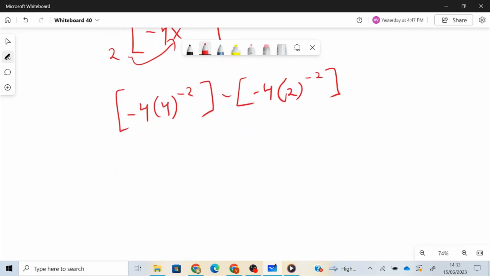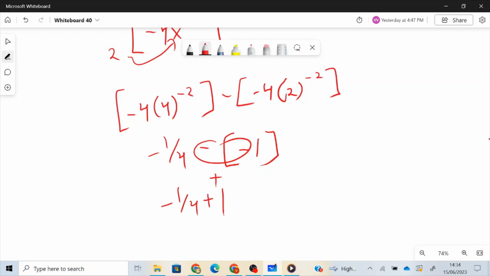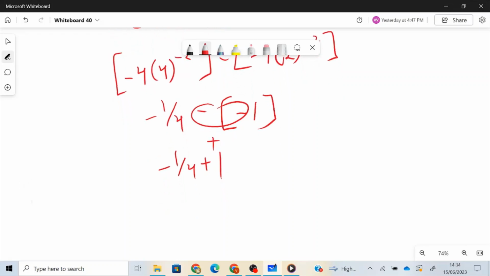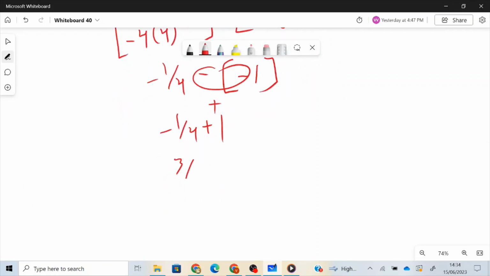Left hand side gives minus 1 over 4, minus 1 over 4 minus 1. These two end up to give a positive, so we have minus 1 over 4 plus 1, and minus 1 over 4 plus 1 is 3 over 4. And that is the answer to that question.